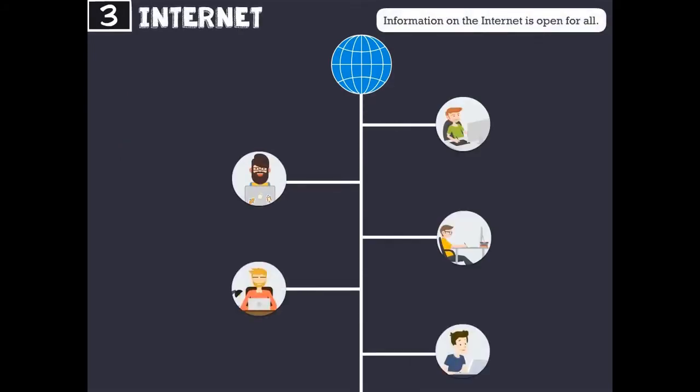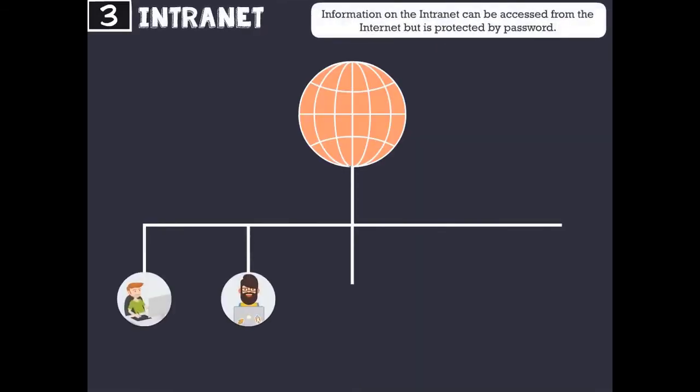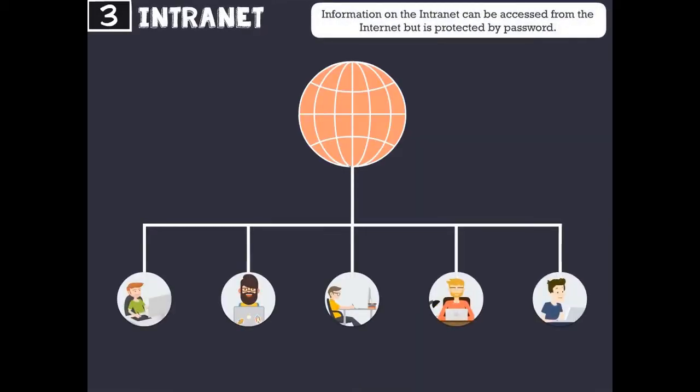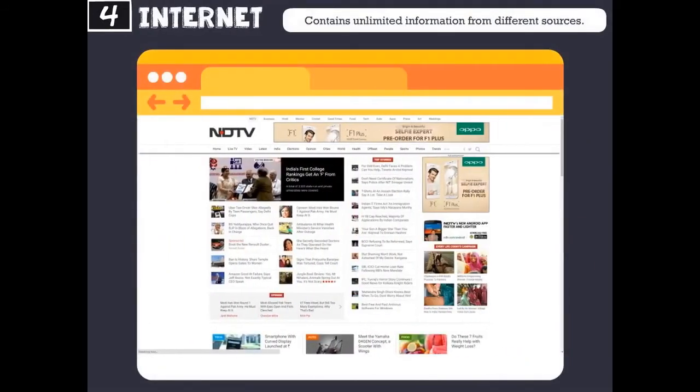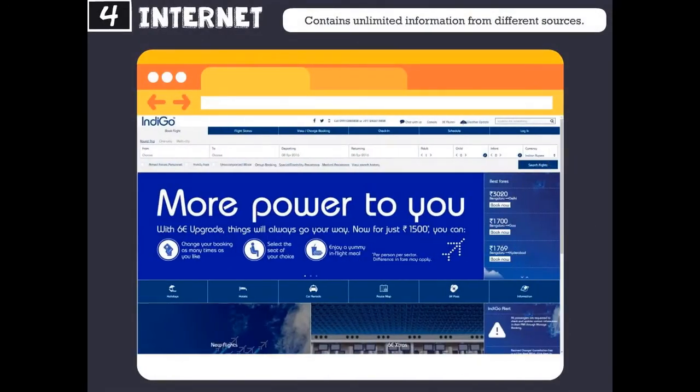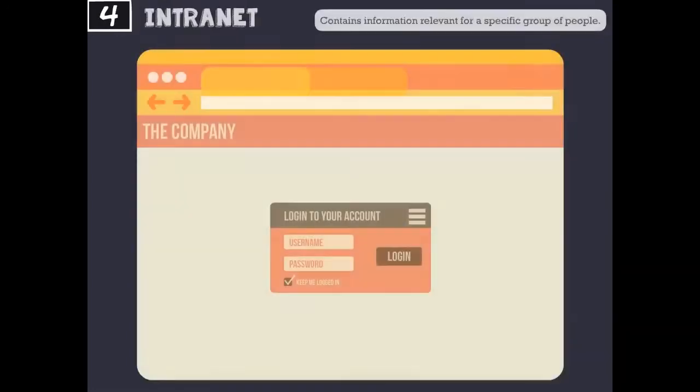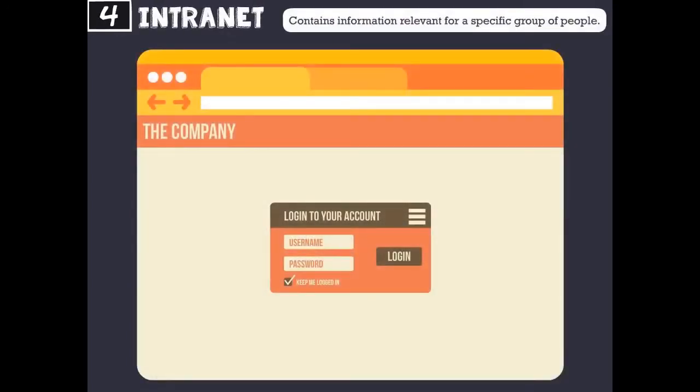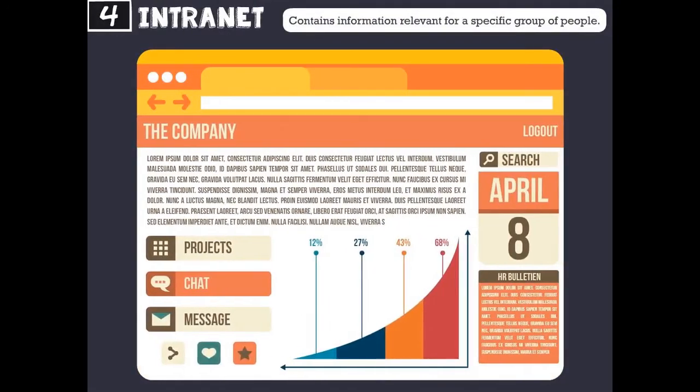Information on the internet is open for all. Intranet. Information on the intranet can be accessed from the internet but is protected by password. Internet contains unlimited information from different sources. Intranet contains information relevant for a specific group of people.